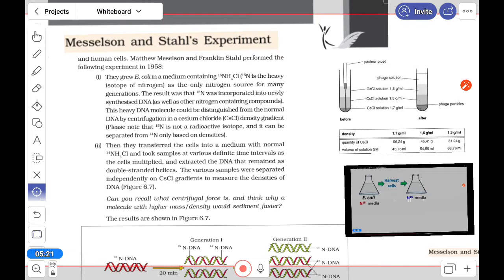Now, next part, we transfer this heavy nitrogen culture into a normal medium.